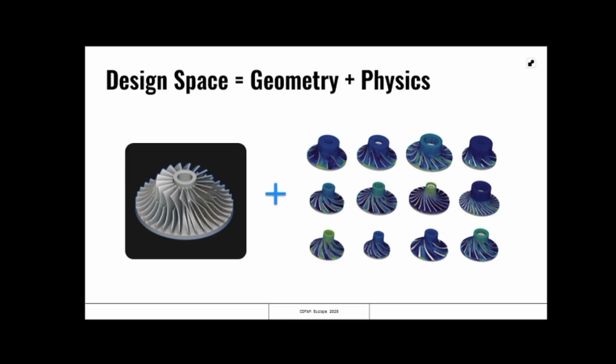All right, exploring that design space. It's not only about geometry and parametric designs, but also about physics and performance. So when we want to look at this design space, we really want to know what is the performance of that part and those set of parameters. Traditional design and simulations are not necessarily looped together.